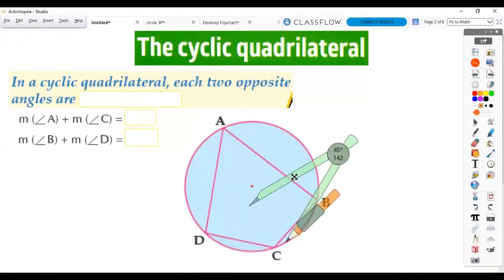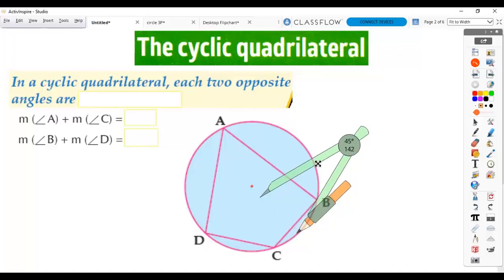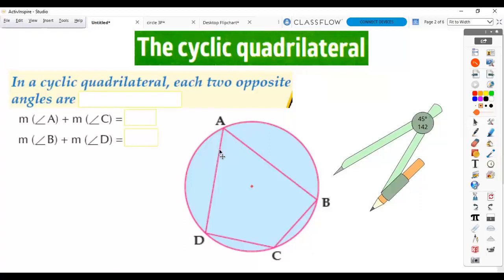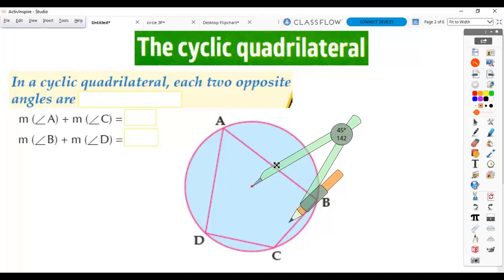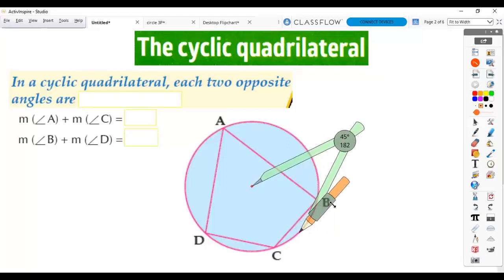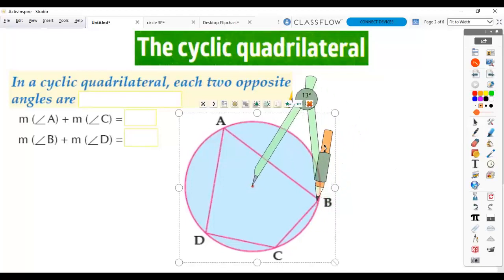And another property, we say here in the cyclic quadrilateral, each 2 opposite angles are... Let's see here. If we speak about opposite angles, A, its opposite is C. So we want to find the property between these 2 angles. So A equals half the arc BCD.